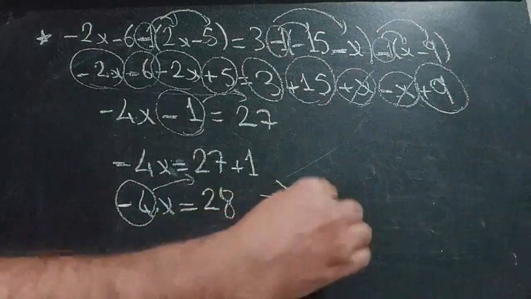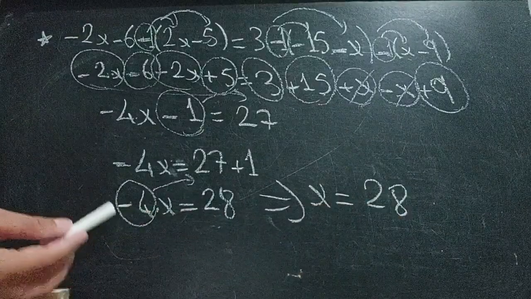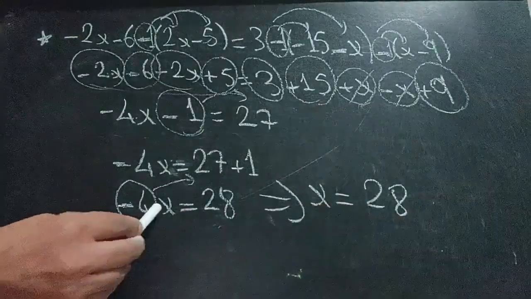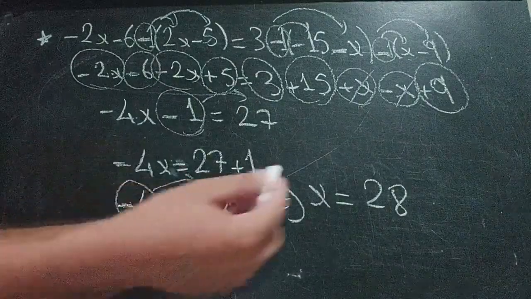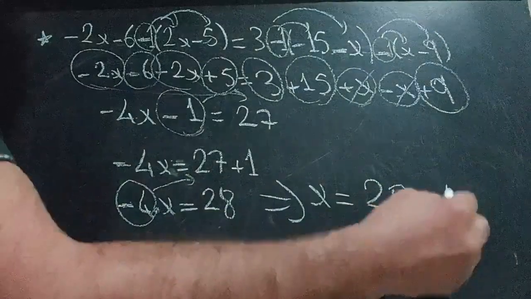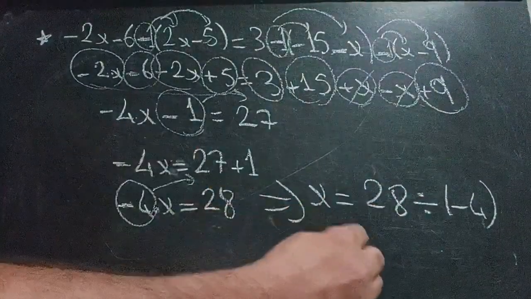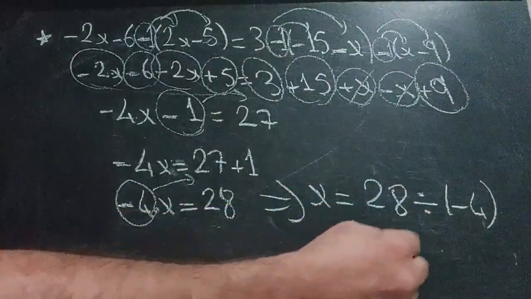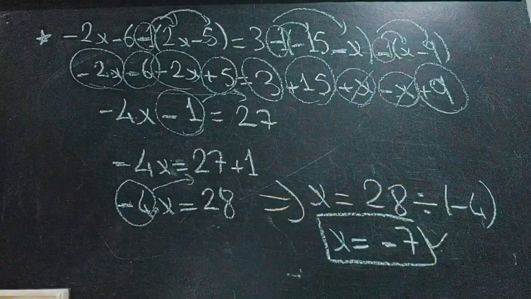X will be 28. Remember what I said in previous question, you won't change the sign because you're changing operation already. The sign will stay the same, which is going to be negative 4 divided by negative 4. So x will be 28 divided by negative 4, negative 7. That's going to be your final answer.